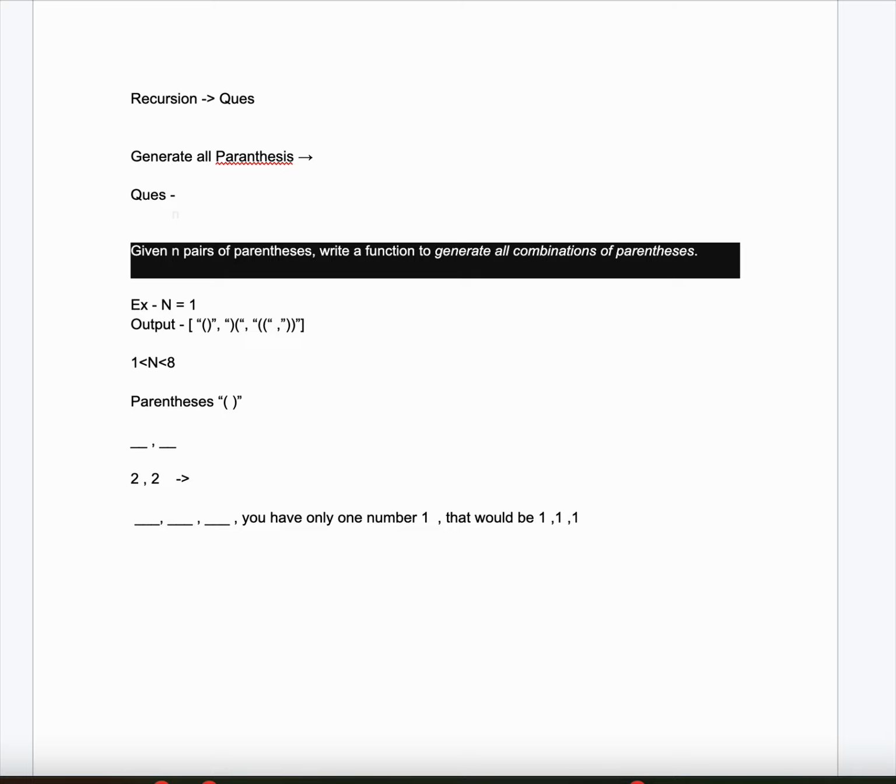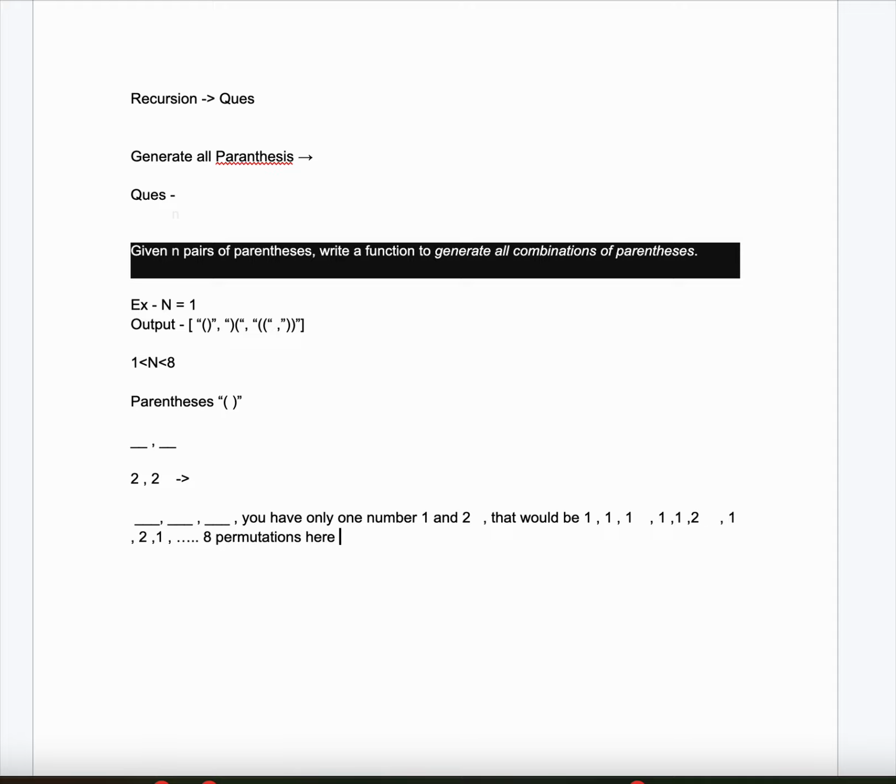Similarly, let's say you have two options, 1 and 2. You have two options here, two options here, two options here, so the total would be 8. If you want to generate this, it will be like this: 1, 1, 1, then 1, 1, 2, then 1, 2, 1, and likewise you will have 8 combinations.